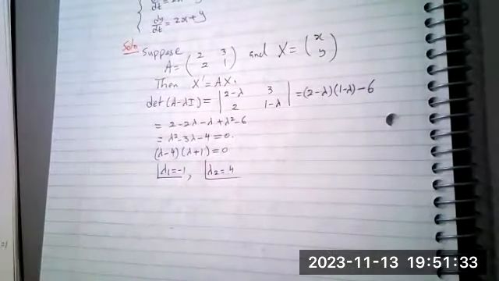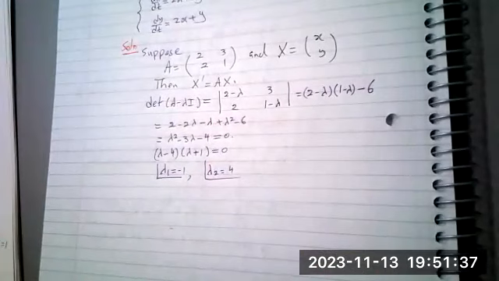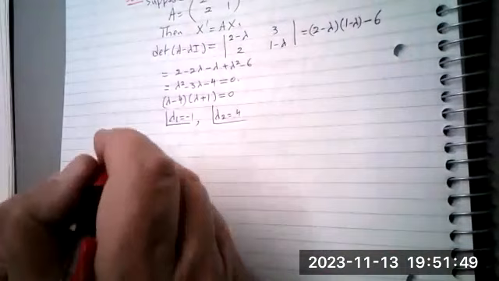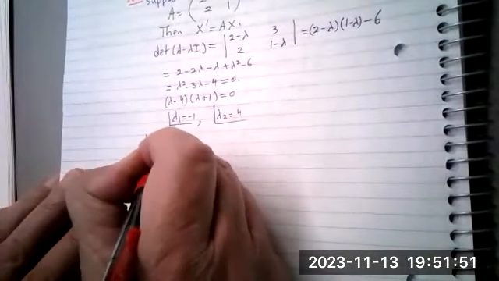These are your eigenvalues. You have to find the eigenvectors corresponding to each of these eigenvalues. We call them K1 and K2. Okay, now find the K. So I go with lambda 1, lambda 1 equal to negative 1.